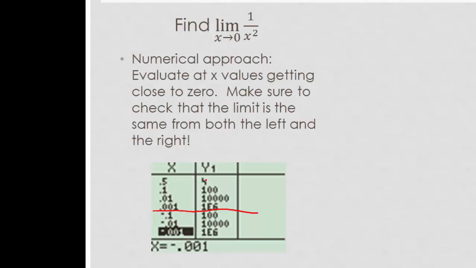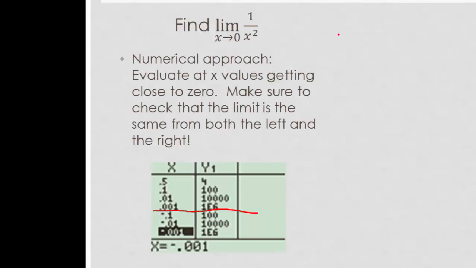Notice as you approach 0 from the right, you go from your function values of 4 to 100 to 10,000 to 1 times 10 to the 6th power, which is a large number. So notice they're getting infinitely large. So on the right side, it seems to be approaching infinity. Check the left side. It goes from 100 to 10,000 to, again, 1 times 10 to the 6th power. So again, very, very large.